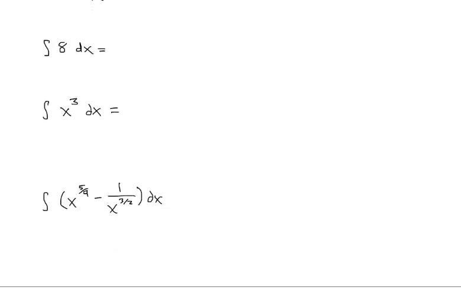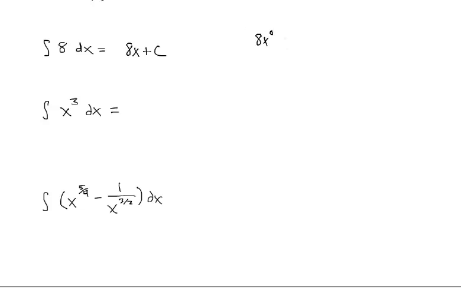In this first problem, I have the integration of 8 dx. So I'm going to add an x to it. So I have 8x plus c. And if you're having a hard time remembering this rule, remember that x to the 0 is equal to 1. So you could rewrite 8 as 8x to the 0, and then you could use the power rule.